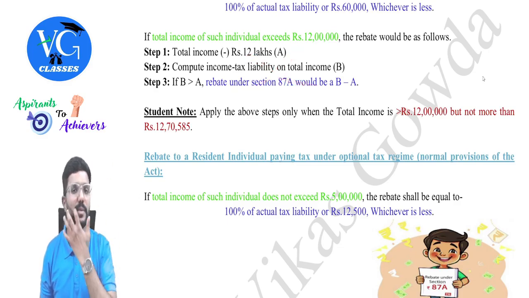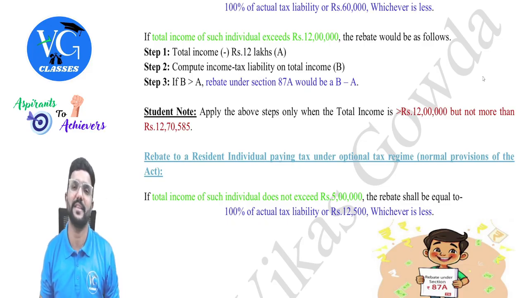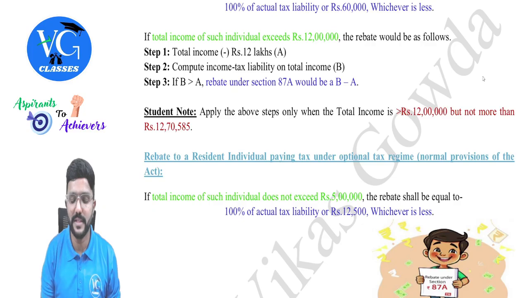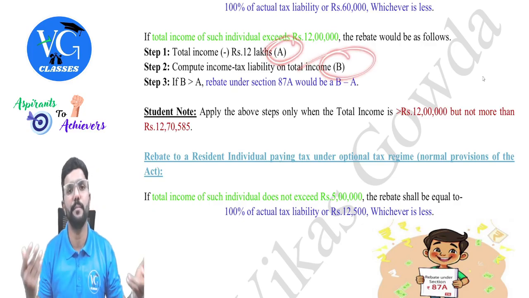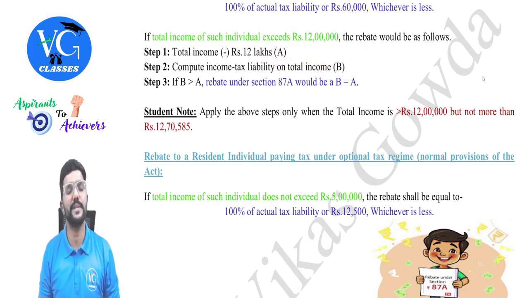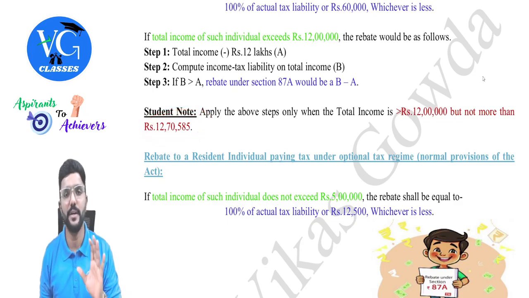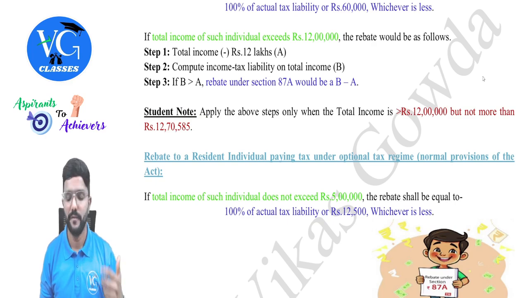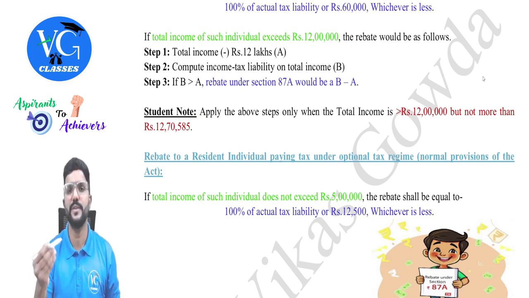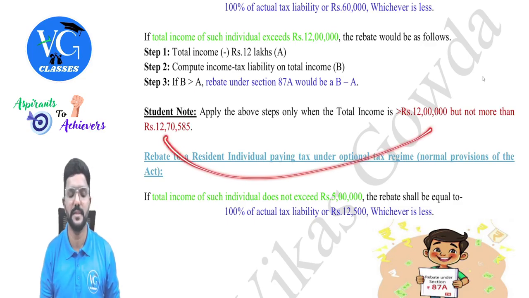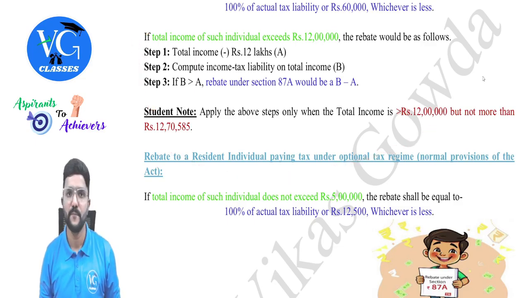Even if you apply it, you will not get rebate, because in that case A will be more than B, and when A is more than B, no rebate. This number is computed and is not given in the law, so just remember it. Only when the total income is in between, apply these steps.